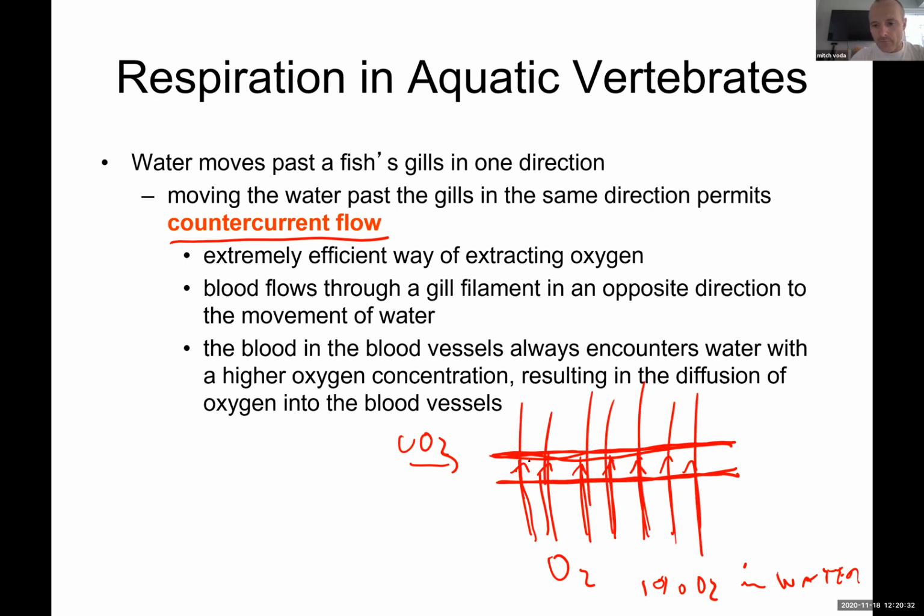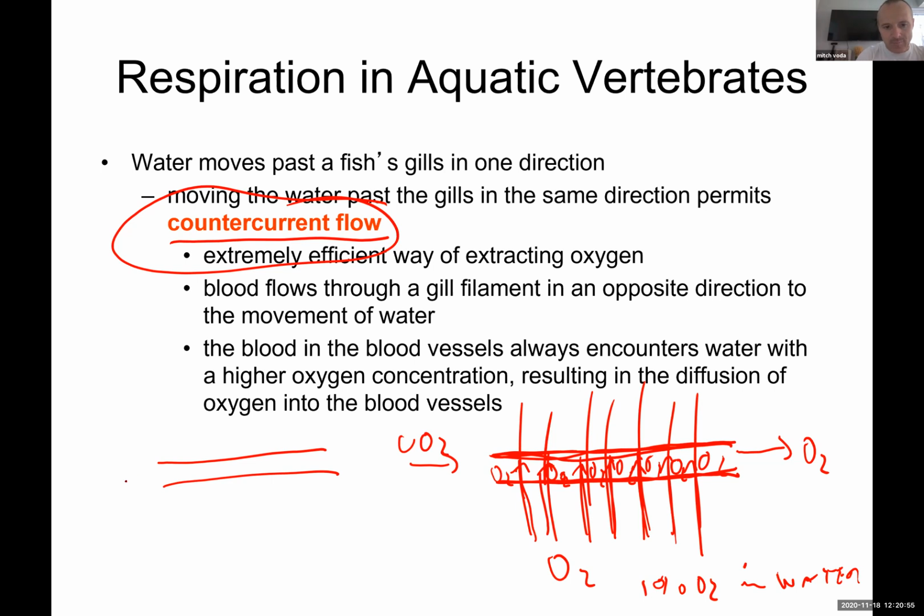Water is filled up with oxygen. So through diffusion, oxygen moves inside the capillaries in the gills. So blood gets oxygenated, and as it leaves the gills, blood is full of oxygen. Now this is called counter current flow because it works kind of like this.